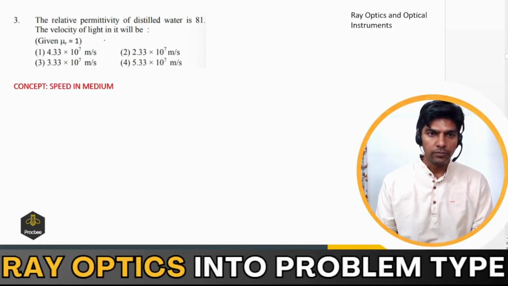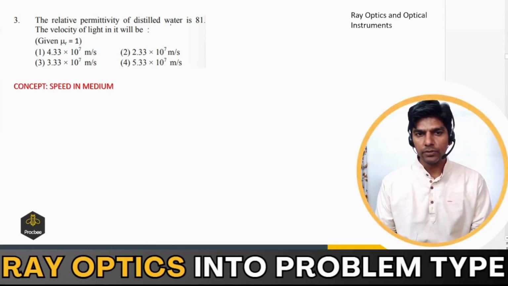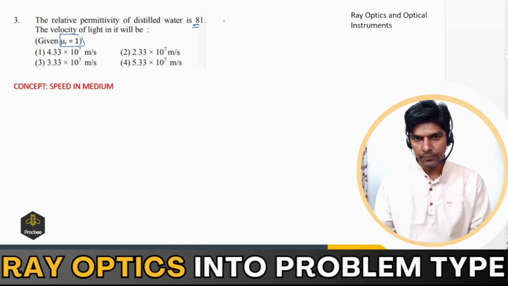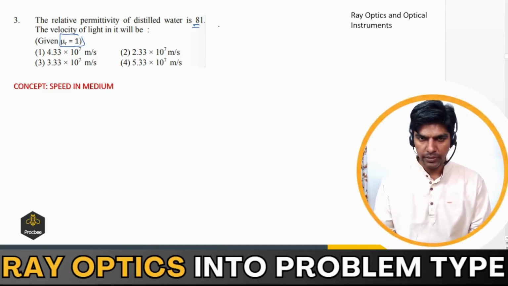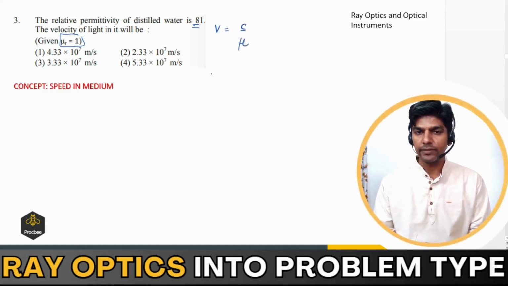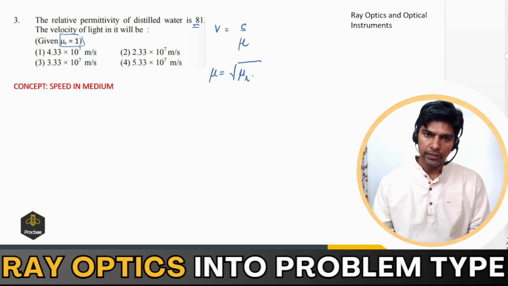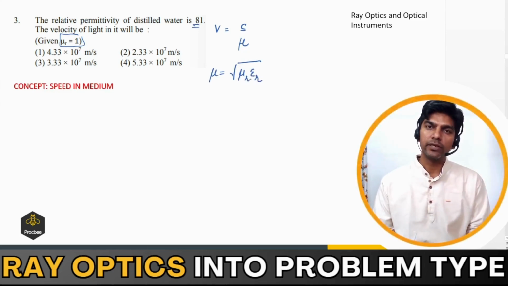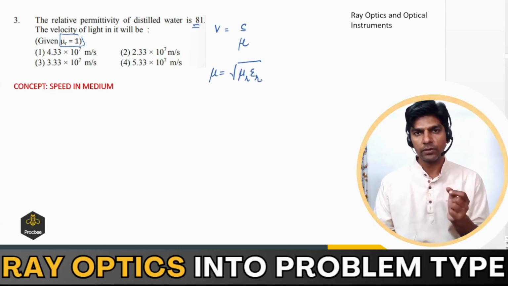So the next problem, let us see. The relative permittivity of distilled water is 81. The velocity of light in it will be, and we are given mu r as 1. You should remember that the speed of light in a medium is given as c divided by the refractive index, and this mu can be written as the square root of mu r times epsilon r, where mu r is the relative permeability and epsilon r is the relative permittivity.